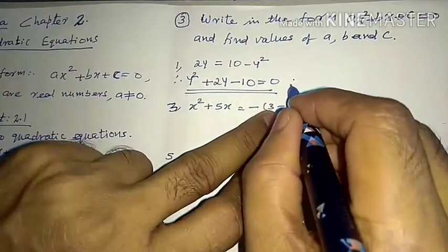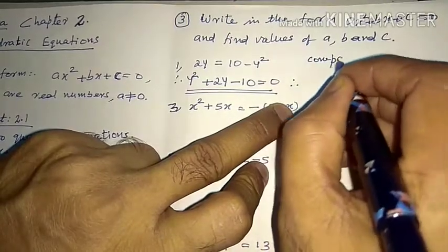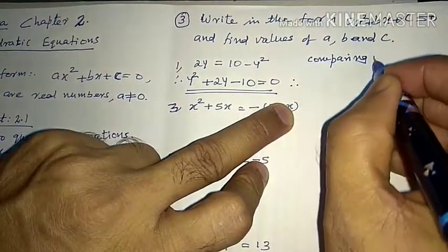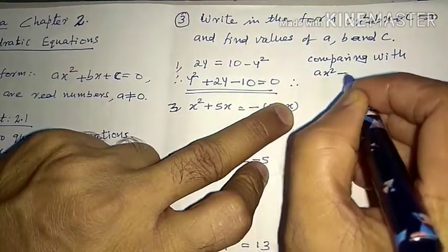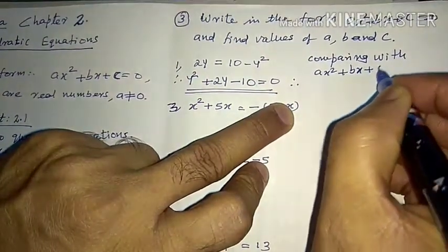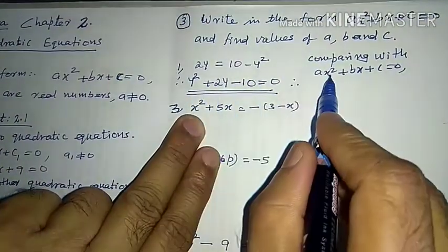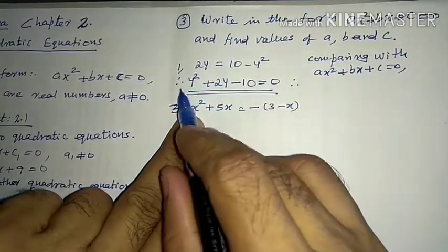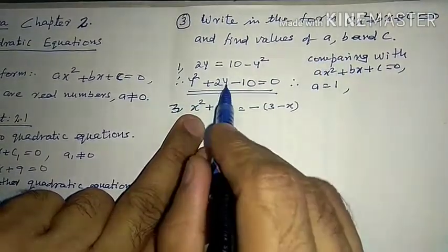Here, comparing with this general form, ax square plus bx plus c equal to 0, here the variable is y, not x. So 1 into y square, a is equal to 1.